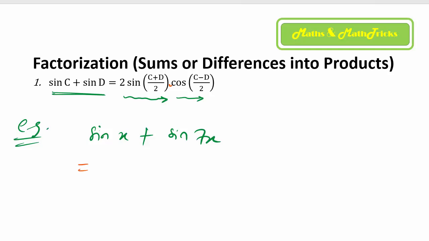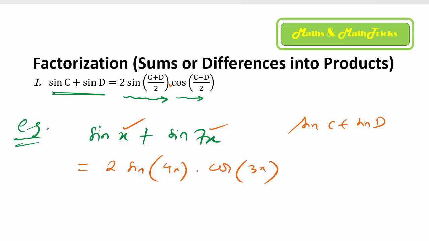So this is like the formula sine C plus sine D, which turns out to be 2 times sine of C plus D by 2, that is x plus 7x, 8x by 2, 4x, into cos of C minus D, x minus 7x, minus 6x by 2, minus 3x, which is the same as 3x for cosine. So this is how you can express the sum of two trigonometric functions into a product, and hence the name of the formula, factorization formula, where you can express sums or differences into products.